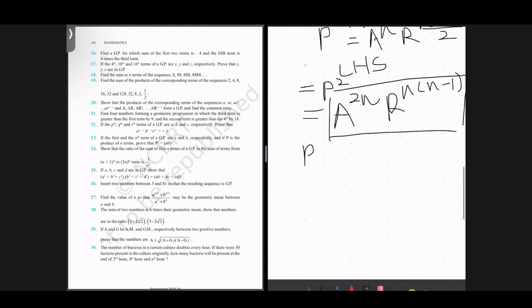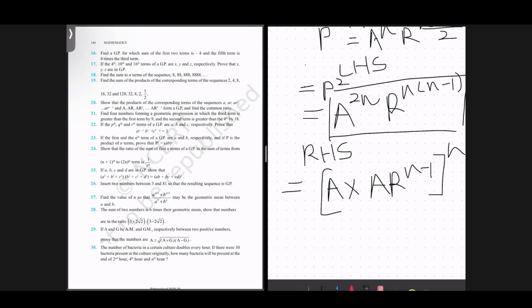Now for the RHS, you have a into b raised to the power n. So for the RHS, you have a, which is the first term of the GP. B has been given to us as the nth term of the GP, and that is going to be a r raised to the power n minus 1. This entire multiplication has been raised to the power n.